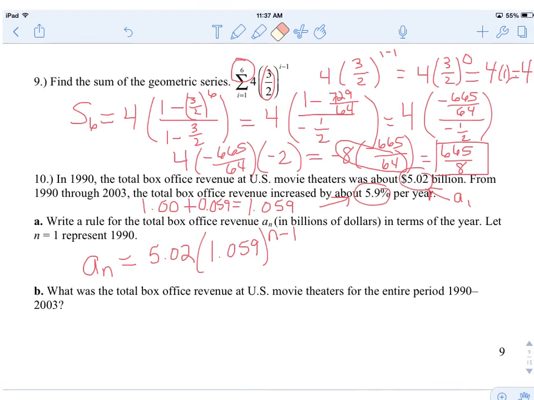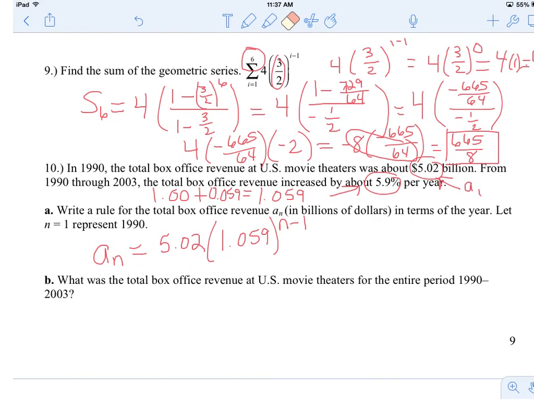So to find S sub 14, the sum of those 14 years, we take the first term, 5.02, and multiply by 1 minus the common ratio, which is the 1.059, to the 14th power, over 1 minus 1.059.